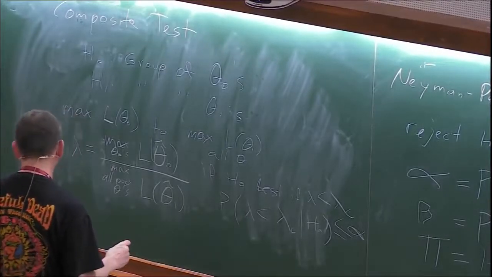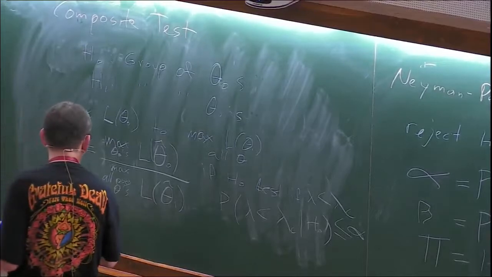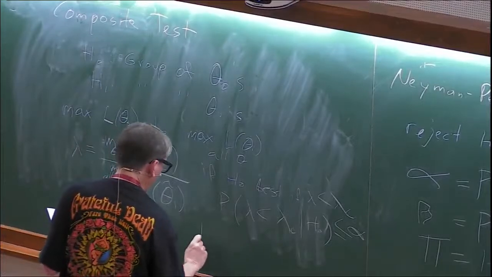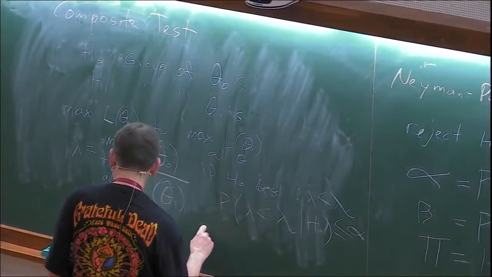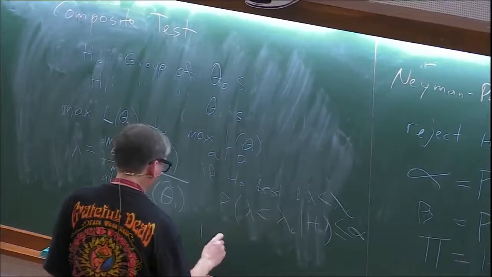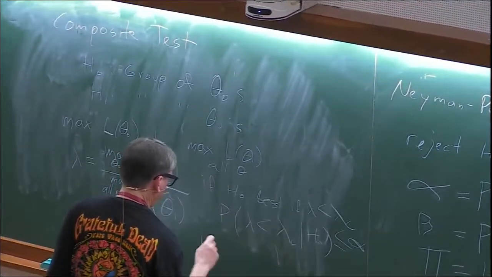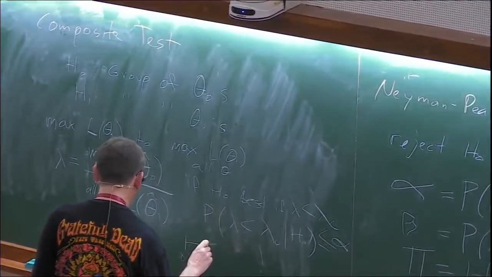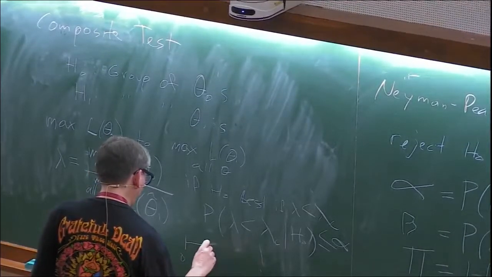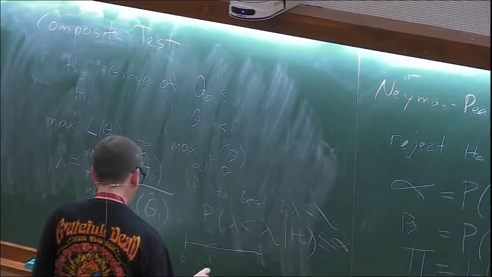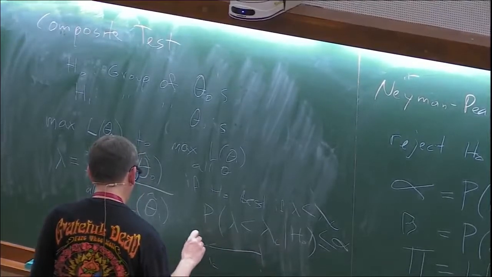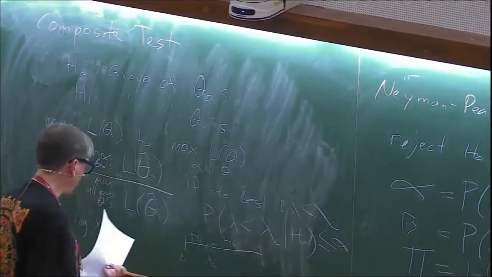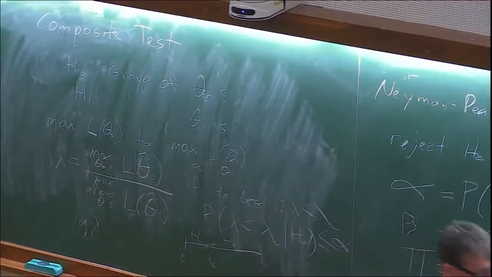If we're interested in log lambda, the values can go from 0 to 1, and if the ratio is less than lambda sub c, we pick H1, and if it's greater, we pick H0.